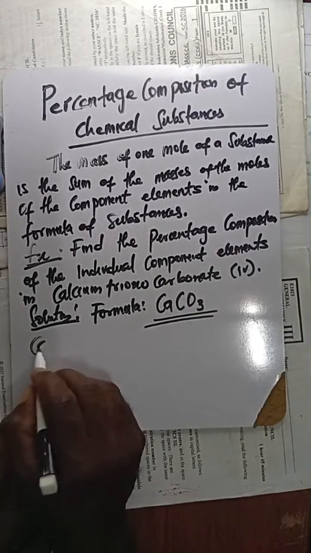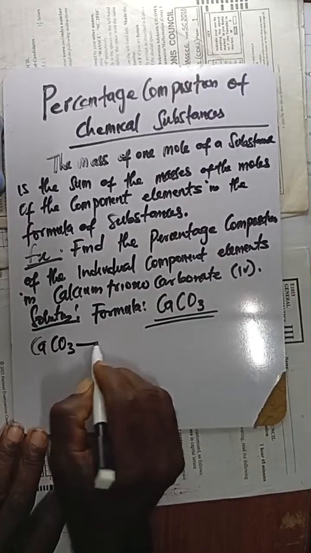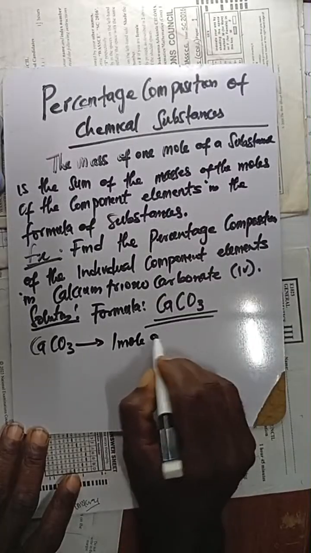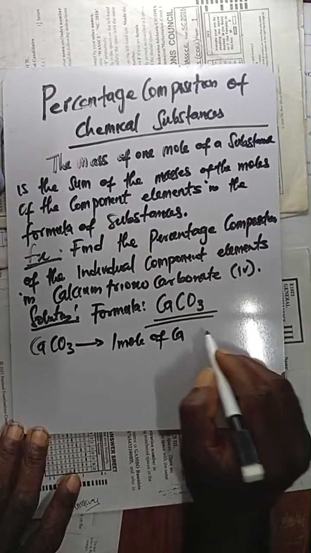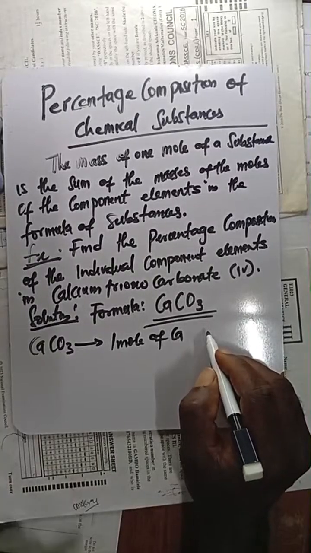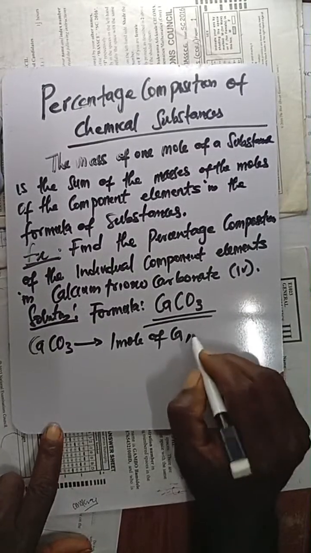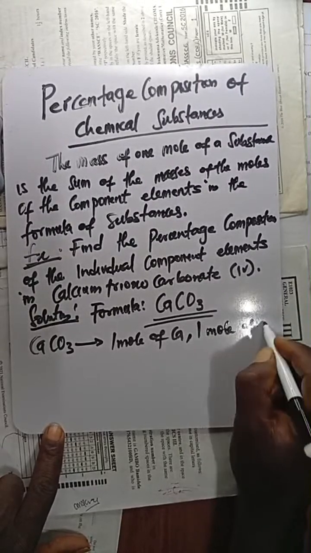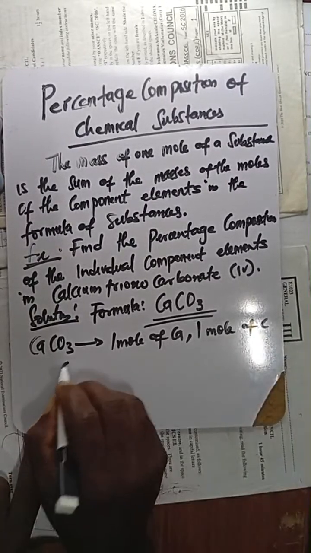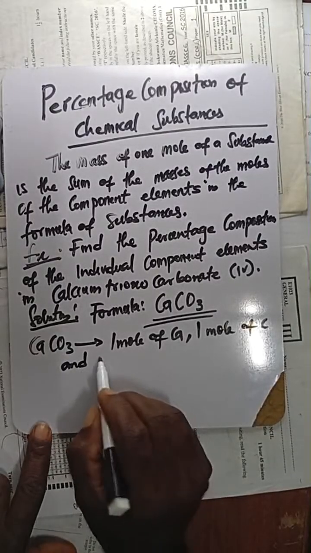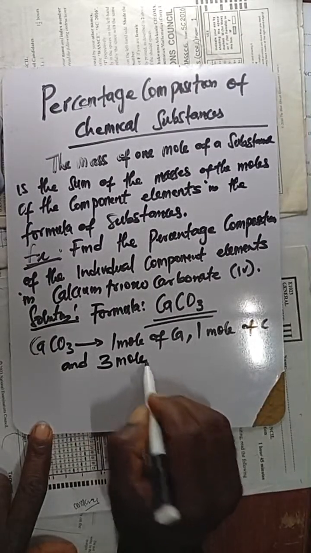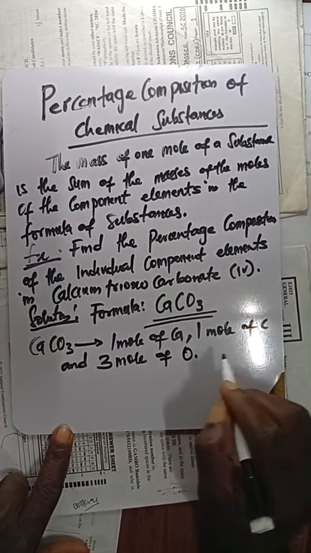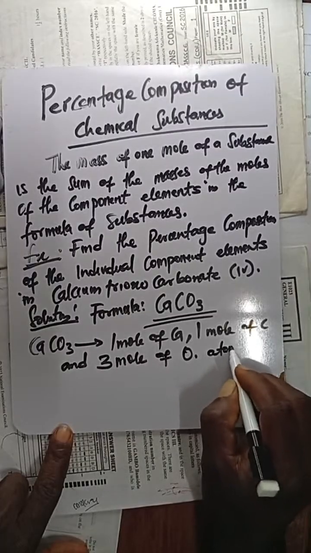Now, if you have CaCO3, it implies that it comprises 1 mole of Ca, 1 mole of carbon and 3 moles of oxygen atom.